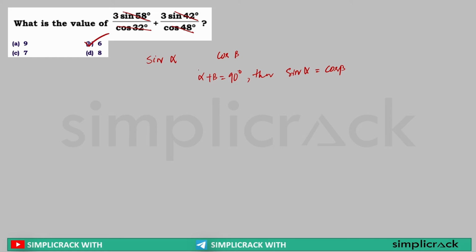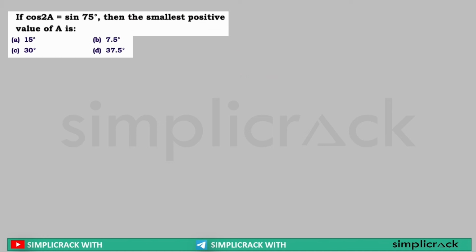Remember this. If alpha plus beta, or a plus b, is equal to 90, then sin a is equal to cos b, or sin b is equal to cos a. Clear? Or sin beta is equal to cos alpha. Sorted? Next. If sin 2a is equal to cos 75 degree, that means what? 2a plus 75 degree is equal to 90 degree.